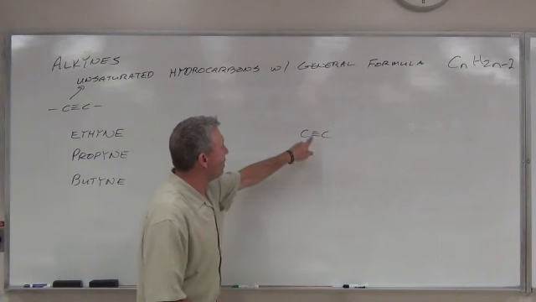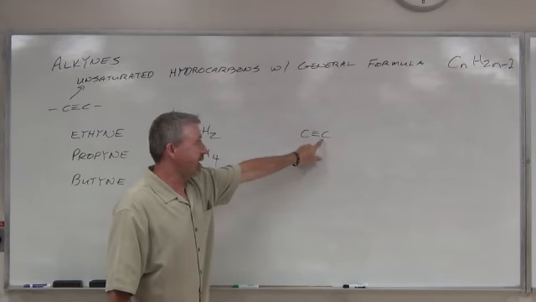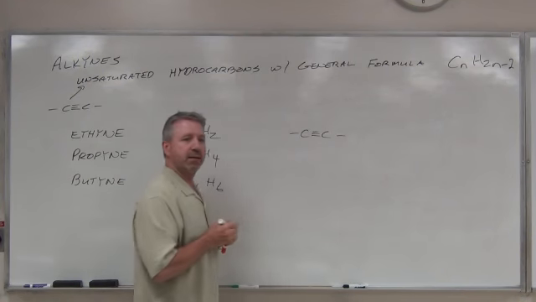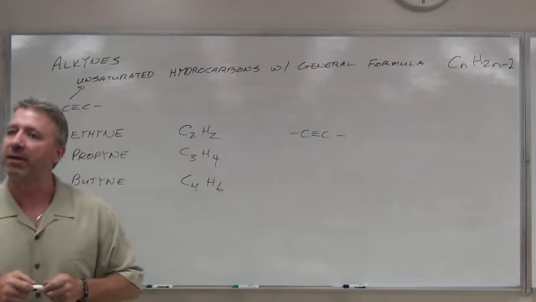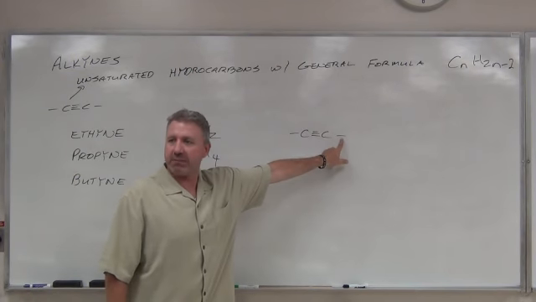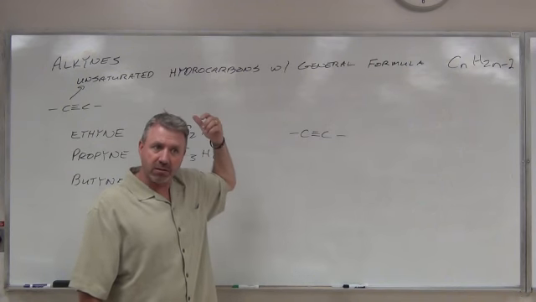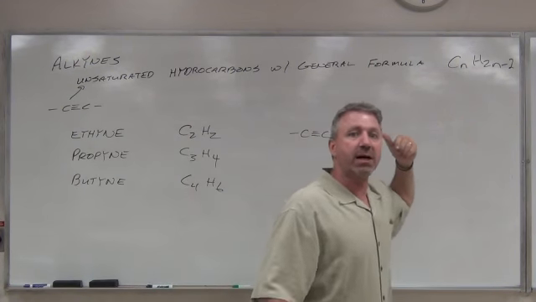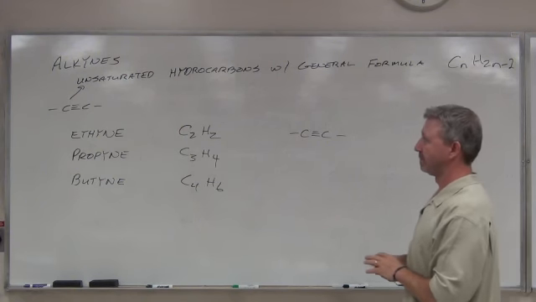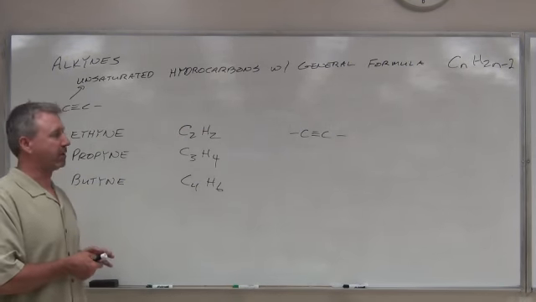So the requirements of the carbon-carbon triple bond take up 3 out of the 4, which means each carbon involved in a carbon-carbon triple bond only has 1 bonding position left. The alkenes had 2. We're going to see a consequence of that in just a minute. Okay?